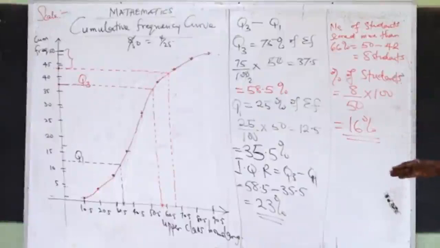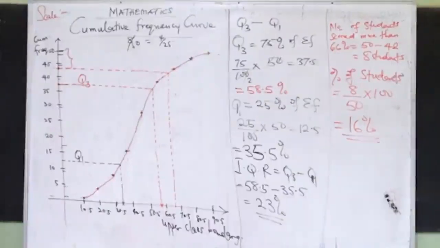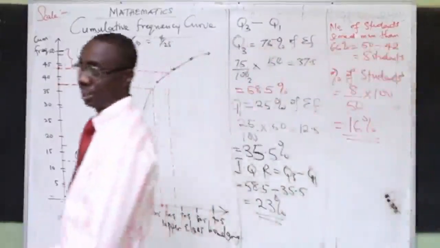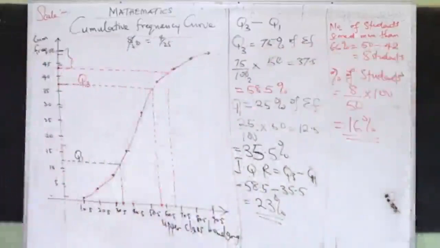That's 42. That's 66 and below. But if you have at most, how many scored at most 66%? At most. At least 66%. 8. These are ways by which they can change that question and still be saying the same thing.